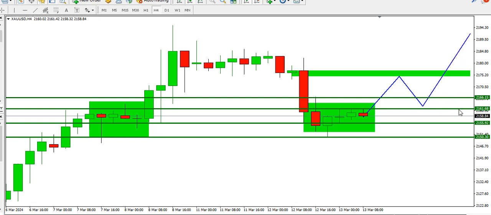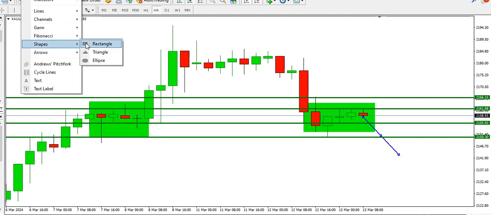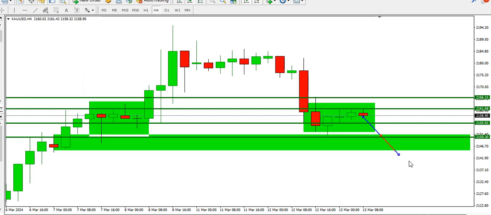That's one possibility. But if price breaks lower, then we'll be having a head and shoulders pattern. But if we have a head and shoulders pattern, there is another block around here where buyers might likely pick price and push price up.